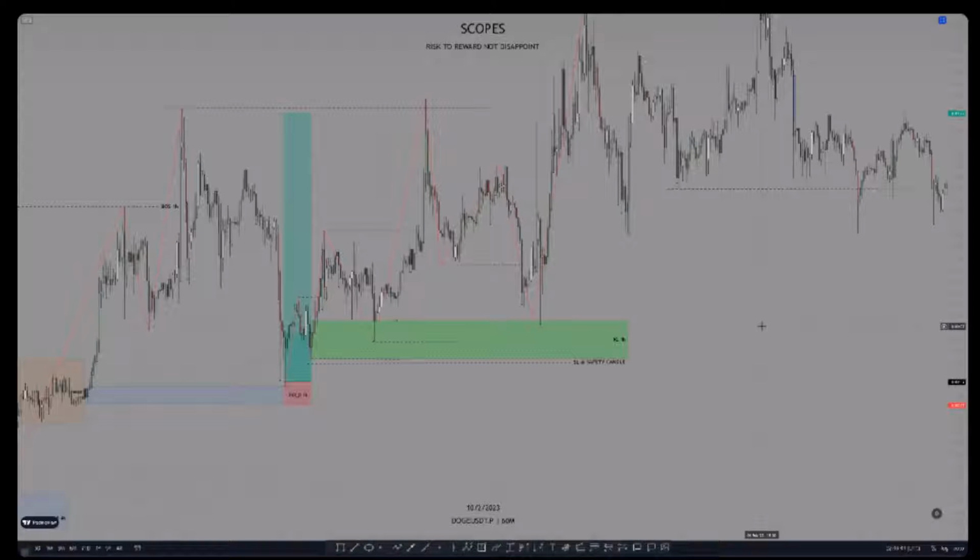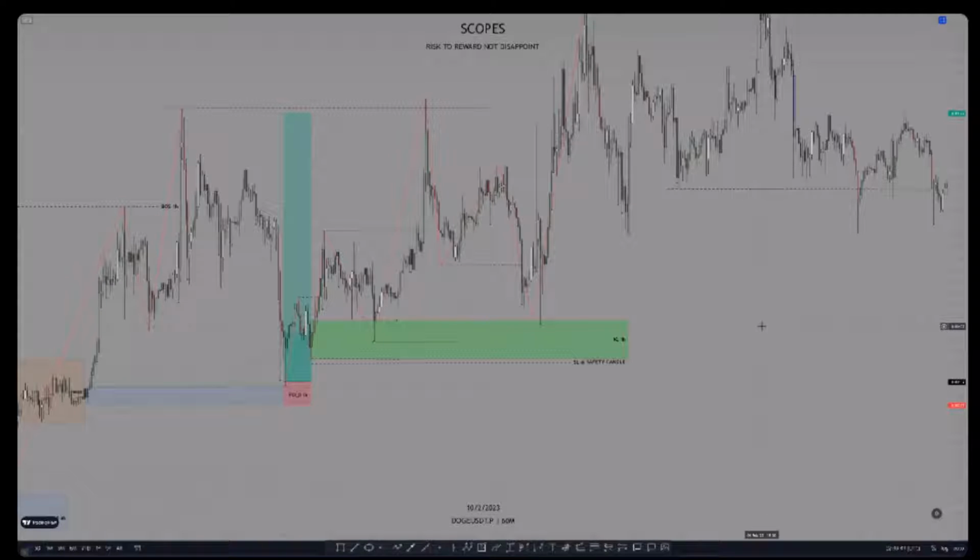I'm not going to say I would have held this, and I would more than likely have collected just underneath this high. It's safe that way. But a lot of people hold on to the trades, and I'm just showing you how to do it.